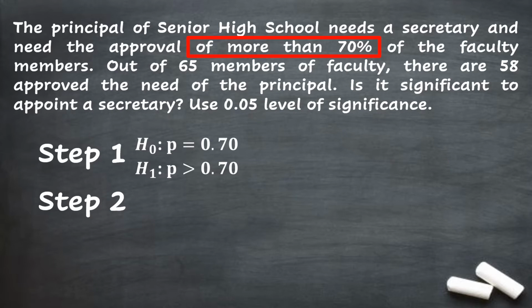Second step, we identify the alpha level and the tail test. The level of significance in this problem is directly stated as 0.05. So automatically, our alpha is equivalent to 0.05.